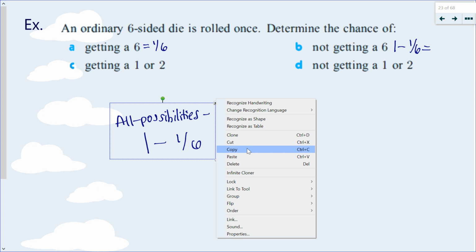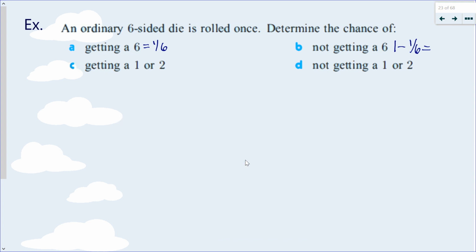So all possibilities, or all outcomes, would be 1 minus the undesirable.